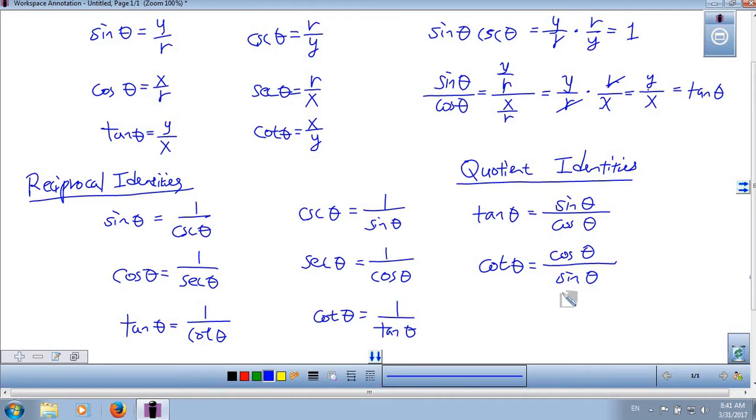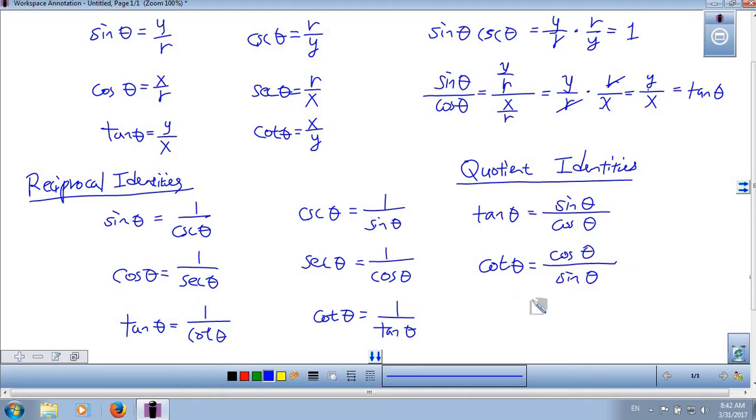And if we want to do tangent, it would be secant over cosecant, because the reciprocal of cosine is secant and the reciprocal of sine is cosecant. So tangent can be written as secant over cosecant, and cotangent can be written as cosecant over secant.